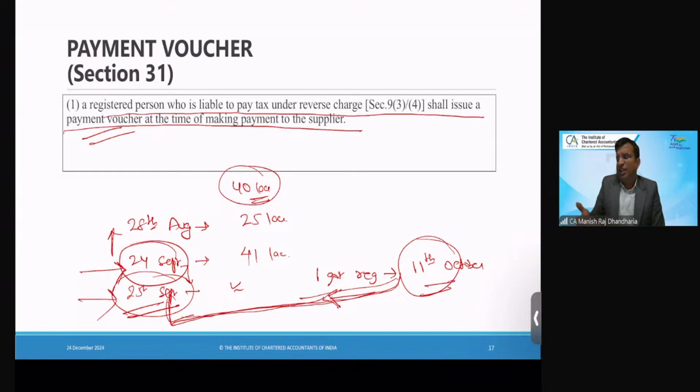Make sense? अगर unregistered है, they will not claim ITC in any case. So in that case, there is no need to make separate invoice. One invoice will serve the purpose. But if the recipient is registered, then for every registered person, you have to make a separate invoice. आपको separate invoice बनाना पड़ेगा. ठीक है?